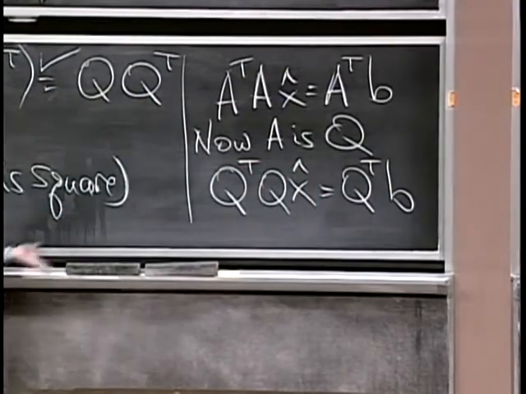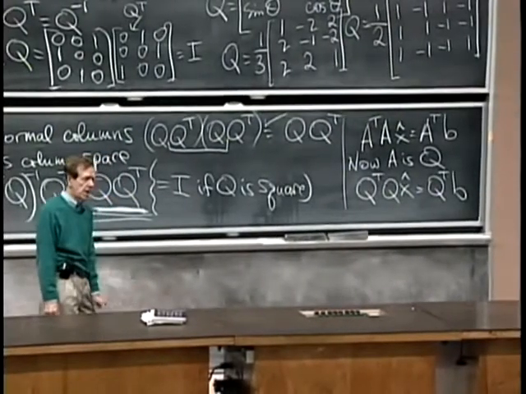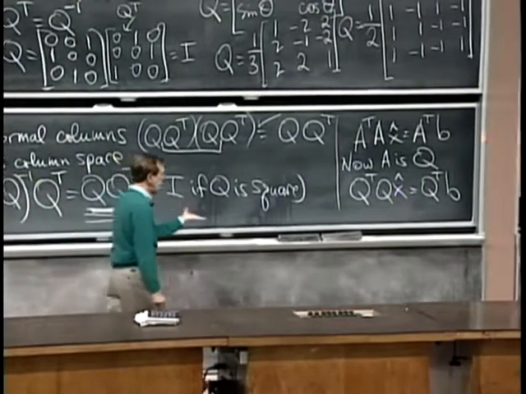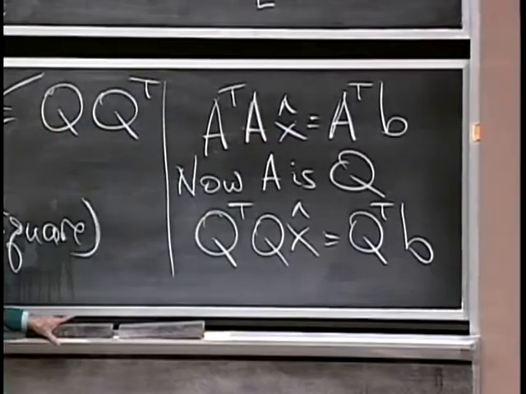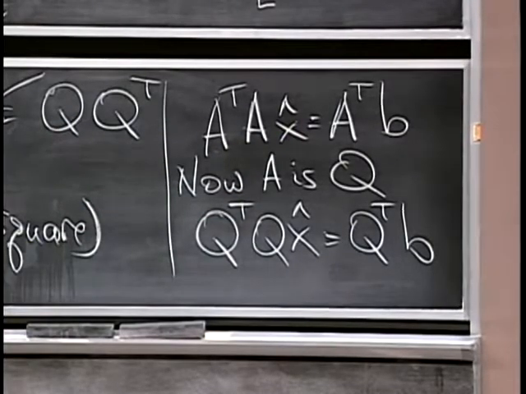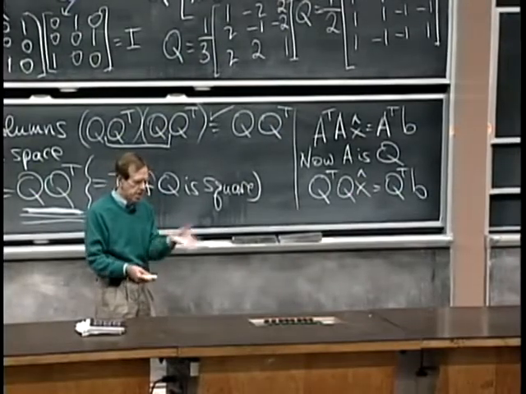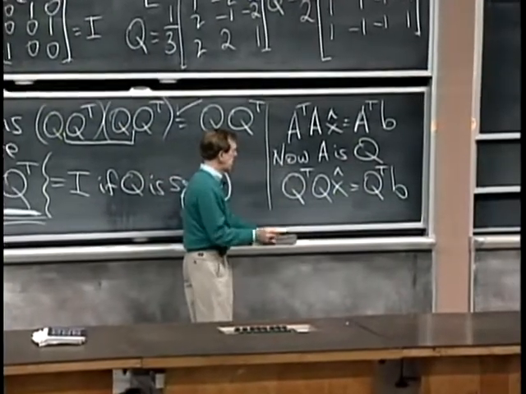And what's good about that? What's good is that the matrix on the left side, Q transpose Q, is the identity. Normally it isn't. Normally it's that matrix of inner products, and you've got to compute all those dopey inner products and solve the system. Here, the inner products are all 1 or 0.